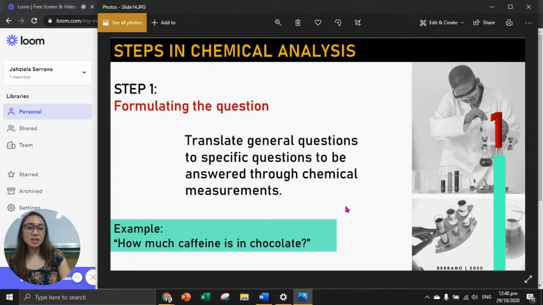So, if you start with a general question, ang general nating question, for example, sa ating slides is, what is in the chocolate that makes it a vasodilator or a smooth muscle relaxant. So, ang sagot doon is we have the caffeine nga, 'di ba? So that's qualitative chemistry. Now, moving on with something that is more measurable, we ask how much caffeine is in the chocolate that makes it a vasodilator or a stress relief, no?